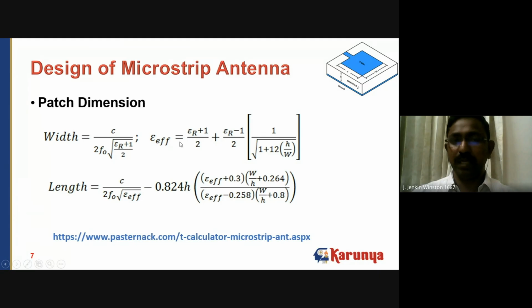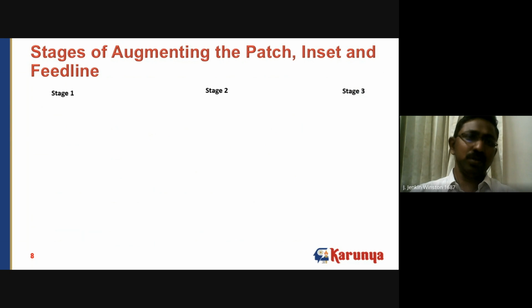Epsilon R, I will take as 4.4, which you use for an FR4 epoxy substrate. From that we can calculate, where C is the velocity of light. So for your calculations, you can directly go into this calculator and find out the width and length.